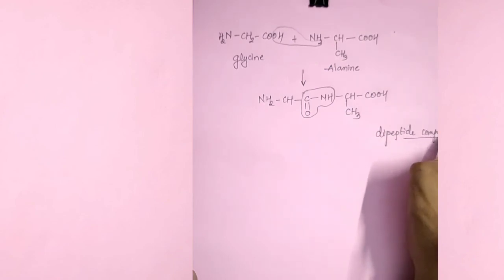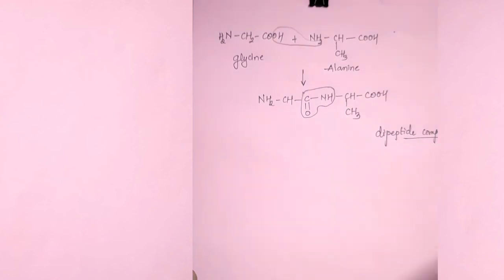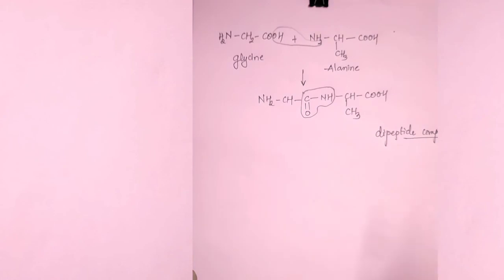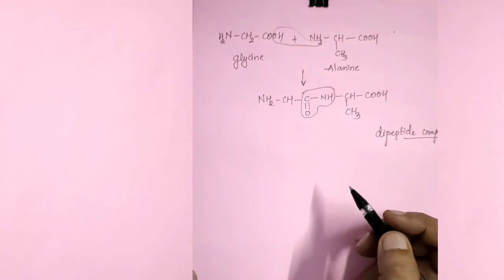A dipeptide compound combined with another alpha amino acid forms a tripeptide compound, tetrapeptide compound, and so on. It can go on by addition of alpha amino acids.